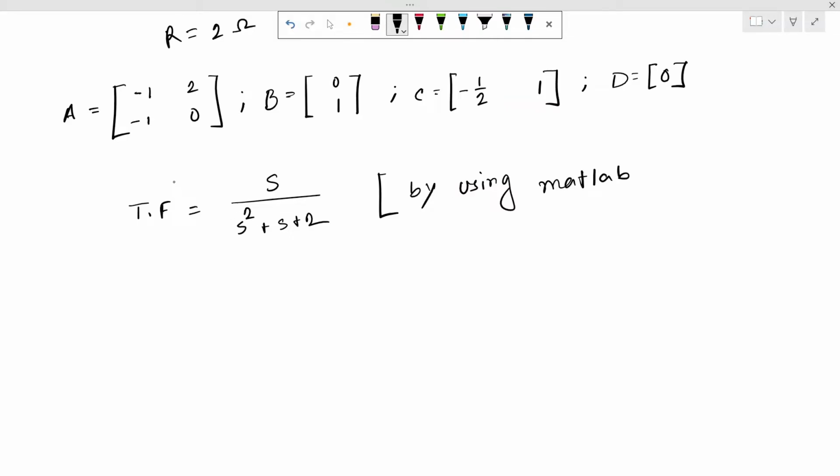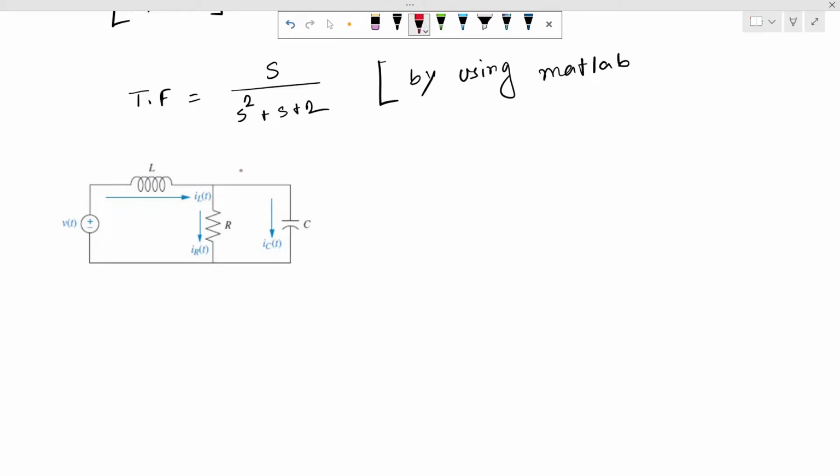So if I give input to this system, I will get an output. So how does this work? The transfer function of this system is this, S by S square plus S plus 2, and we have taken input as Vt and output as IC.